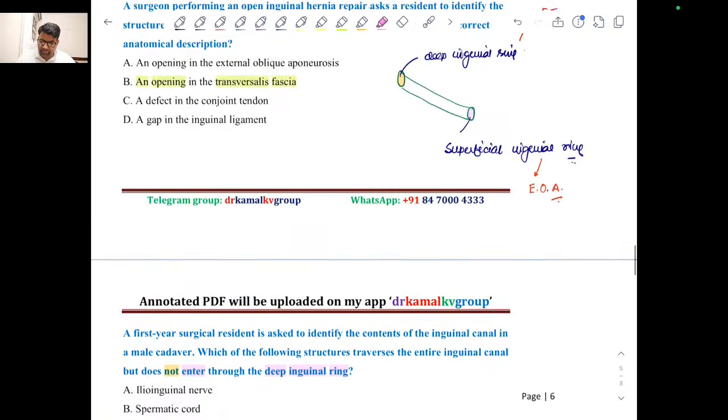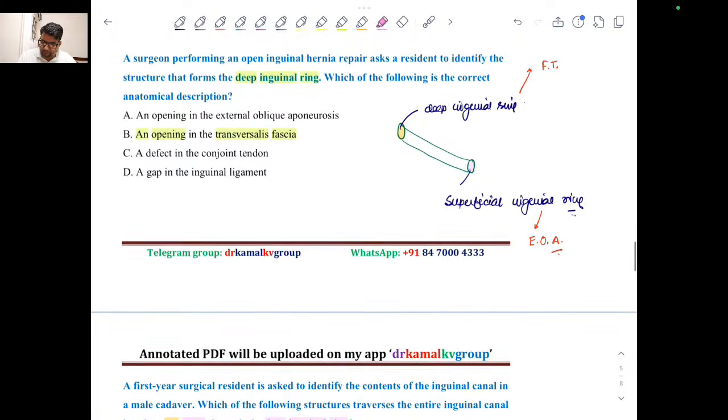Because there is one possibility that a structure may enter from the deep inguinal ring, travel like this and then come out like this. This is one possibility. Sometimes a structure might enter like this and then come out through the superficial inguinal ring. So the question is asking what structure is traveling through the inguinal canal, coming out through the superficial inguinal ring, but is not entering through the deep inguinal ring?